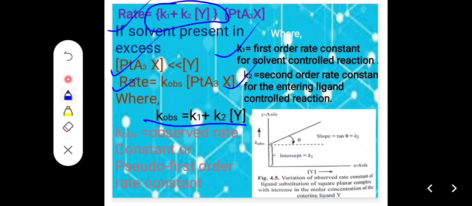If the nucleophile concentration is much greater than the initial complex, in that case the concentration of Y should be taken as constant. So we reduce the overall rate law to k observation, that is k1 plus k2[Y], which is now also a constant entity, because the concentration of Y is in large excess. If the concentration of nucleophile is much larger than the initial complex, we can take the nucleophile concentration as a constant entity.